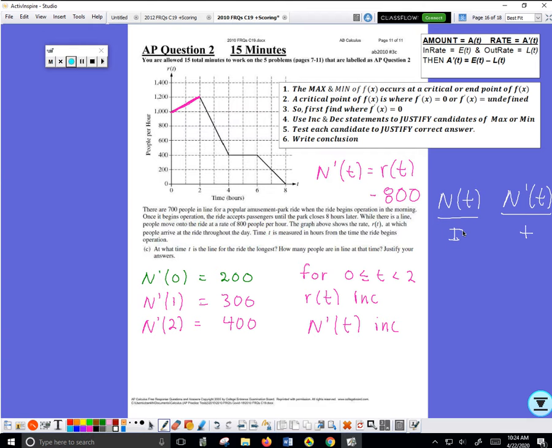So from time 0 to time 2, I see n prime increasing, but I also know that because during that time n prime is positive, n itself is increasing during that time. Are you with me so far, both of you? Yep. Okay.